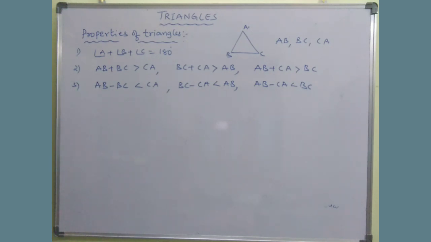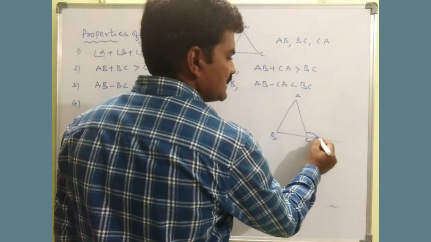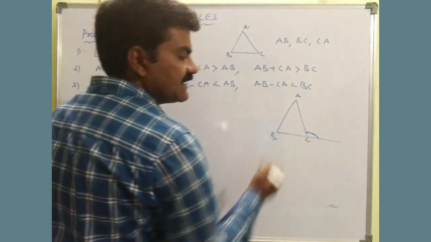And the next one, property number 4: an exterior angle of a triangle is equal to the sum of the two non-adjacent interior angles. For example, this angle is an exterior angle.